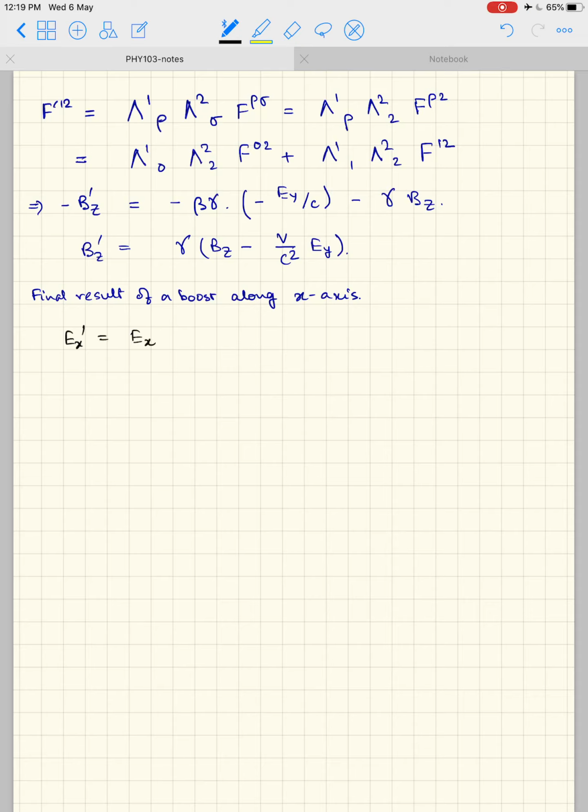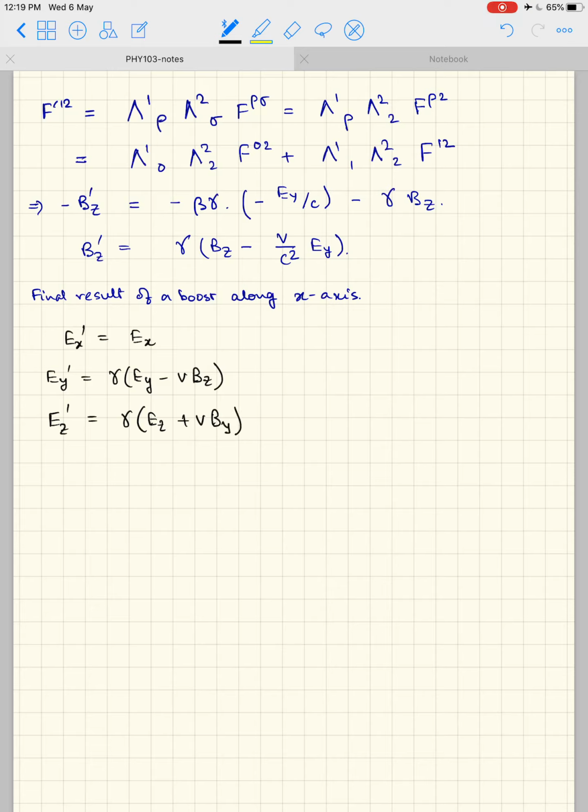We also saw the next one, which is Ey primed was gamma Ey minus V Bz, and Ez primed was gamma Ez plus V By.